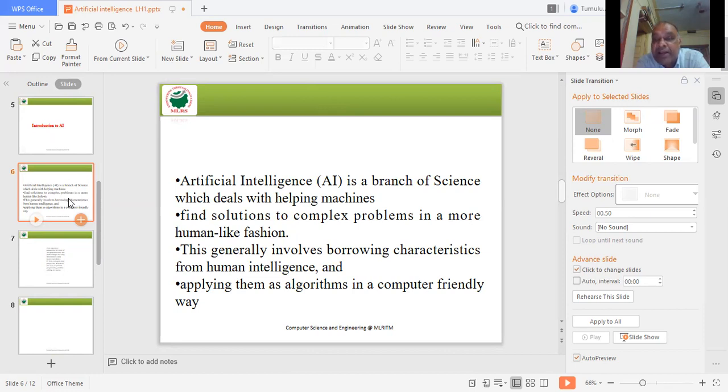So artificial intelligence is a machine that gives solutions to many complex problems. When it gives the solution to complex problems, it has the characteristics of human intelligence. How are these characteristics going to be worked out in the brain of the robot, which is called the intelligent agent?